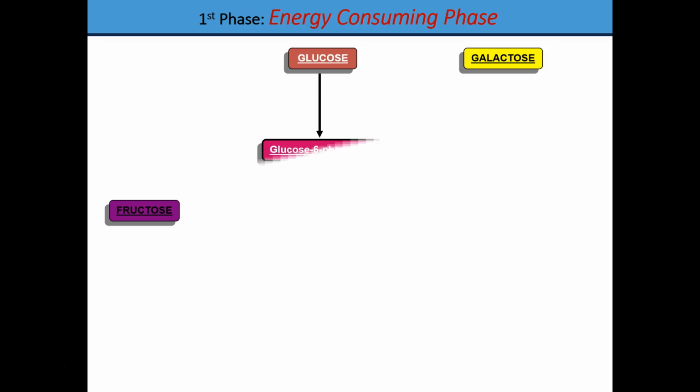Under anaerobic condition, NADH will be used to convert the pyruvate to lactate. Let's take a look at each step more specifically. During the first energy-consuming phase, low-energy substrates such as glucose should be activated to glucose 6-phosphate by either hexokinase or glucokinase using 1 ATP.